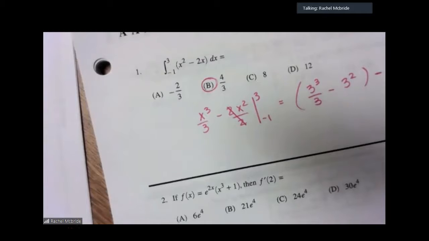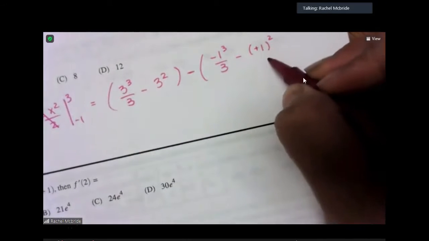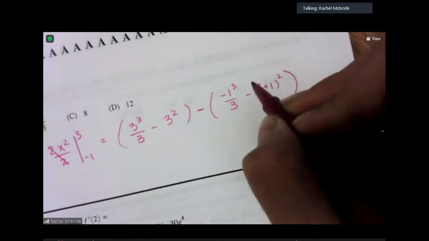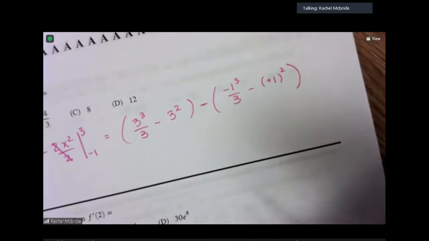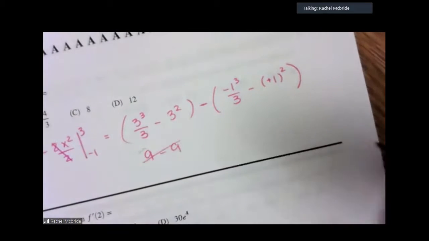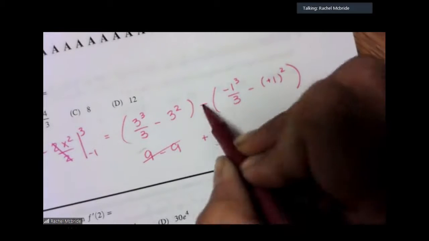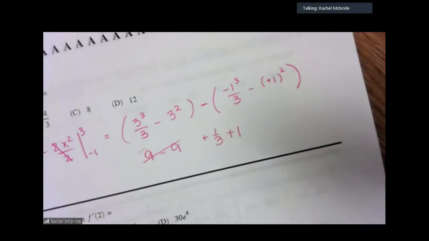So here, anything squared is positive, so that negative 1 was really like 1, but a negative 1 cubed stayed negative. 27 divided by 3 was 9. 9 minus 9 was 0. Negative negative became a positive 1/3 plus 1.